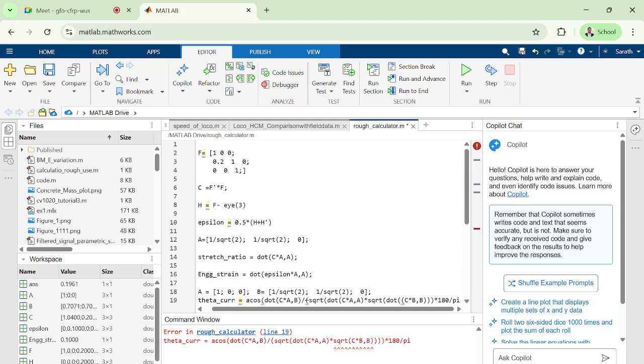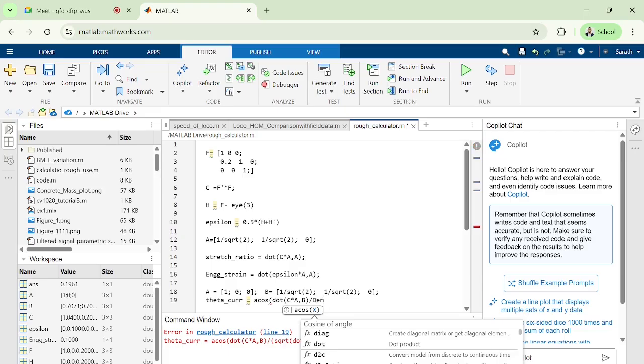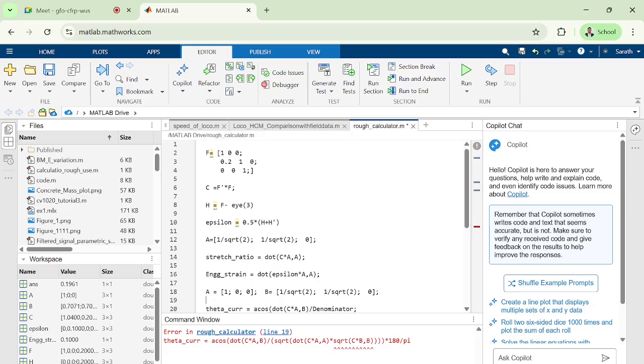To avoid this, let's write the numerator and denominator separately, so it is easy.